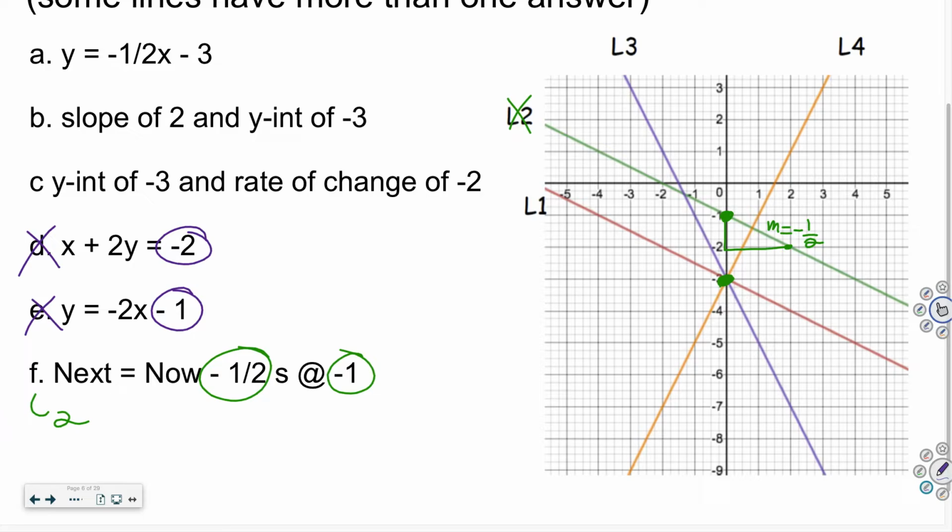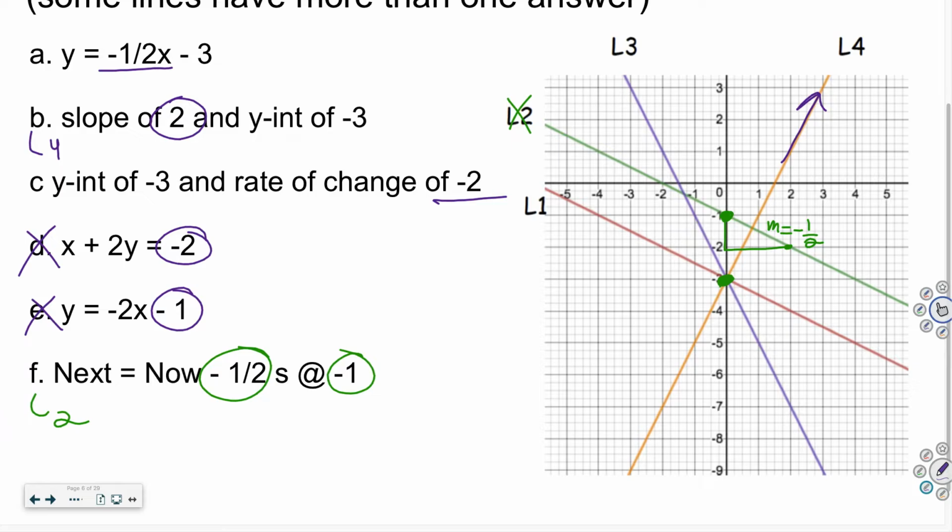Of those 3 lines, L4, this one right here, is the only one that's going up. This one's going down, this one's going down. This one does have a positive slope, so B is going to be L4.